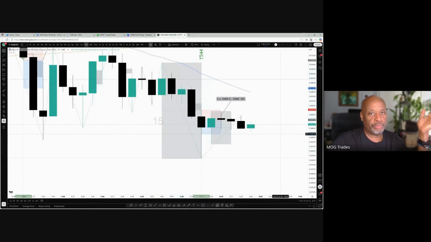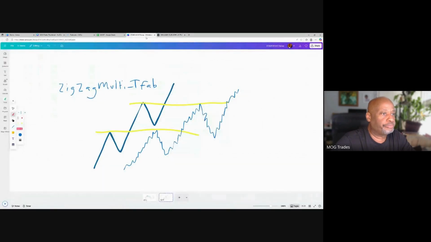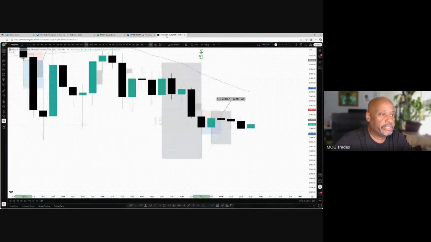So I'm gonna give away some sauce here. As they always say, the higher time frame is your best guide to price, right? So here's what happens. Your higher time frame would be here, okay? As we just saw in this example here.